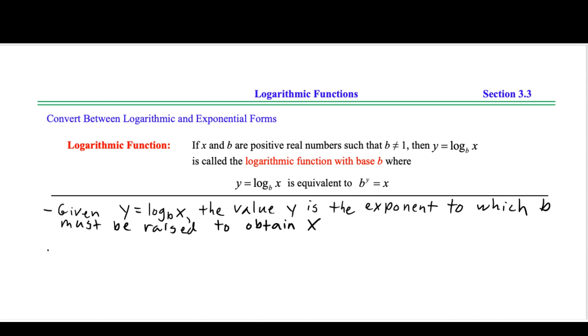So we define this new function as the exponent. Some other terminology here.